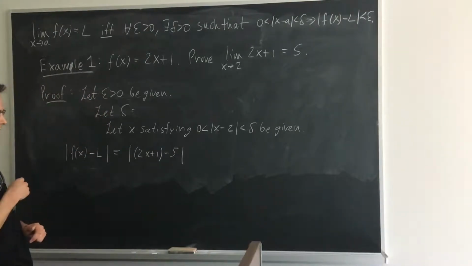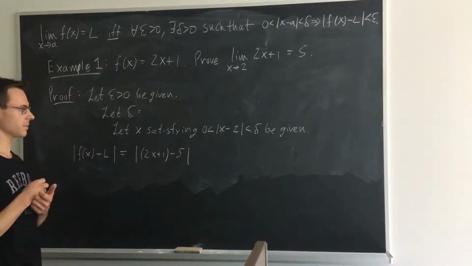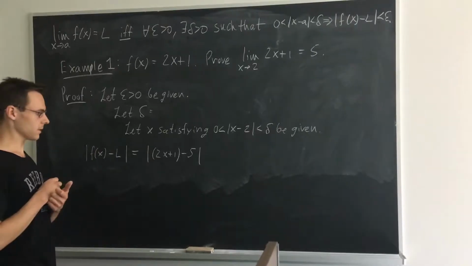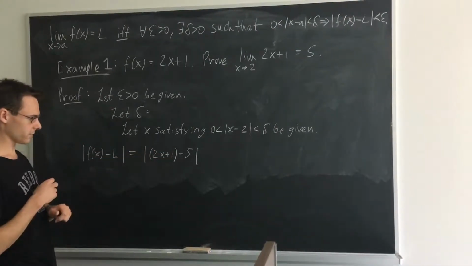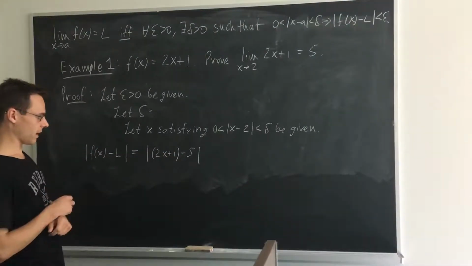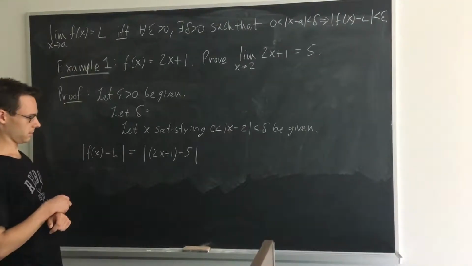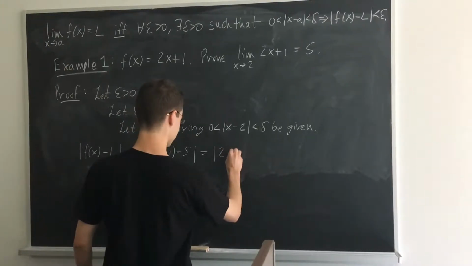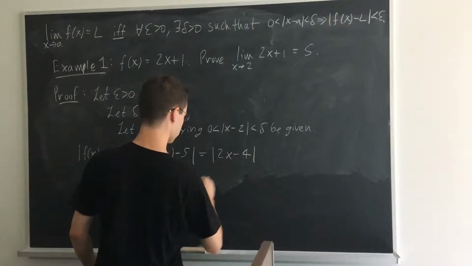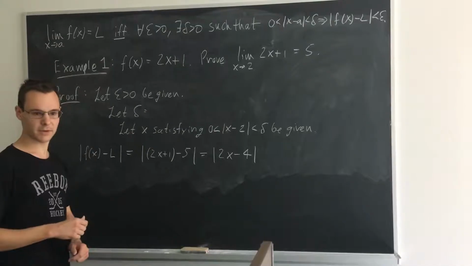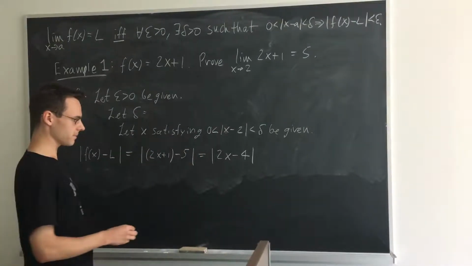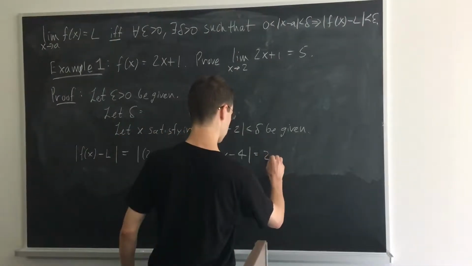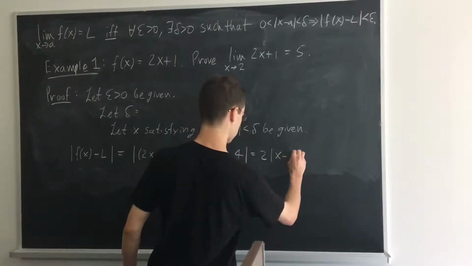We're going to show that that quantity is going to be made less than epsilon. Okay? So let's do some algebra first. 1 minus 5 is negative 4, okay? So this is going to be 2x minus 4 in absolute values. Now, there's a common factor of 2, so that can come out. So we have 2 times x minus 2.